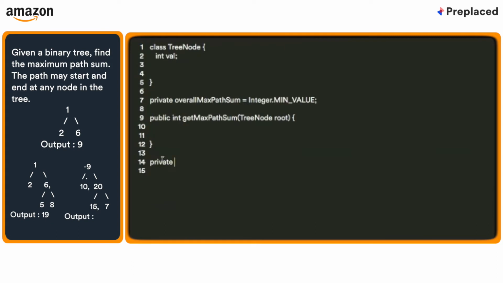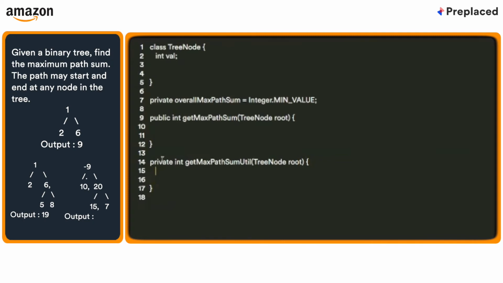So private int getMaxPathSumUtil. In this case, I will pass a tree node only, which I'm just giving the name root for now. I think I can change the name to node as well.